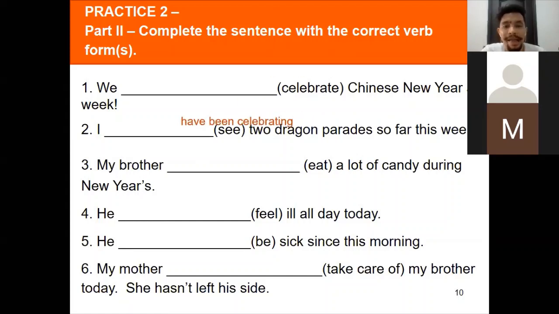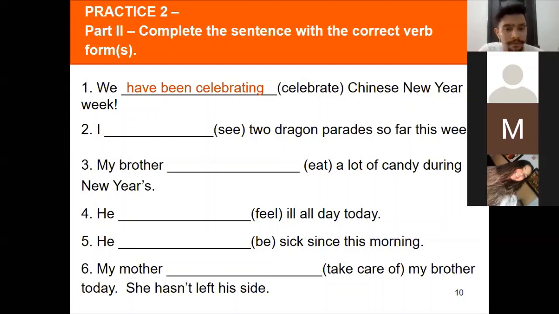So we have been celebrating Chinese New Year week, meaning that they are still celebrating now, right? Now, no recuerdo quién fue quien dijo que podría hacerse también con el presente perfecto simple. Yes, but remember again, the action or the idea will be a little different, right? We have celebrated Chinese New Year all week, but in this case, the action is over. It's not happening now.